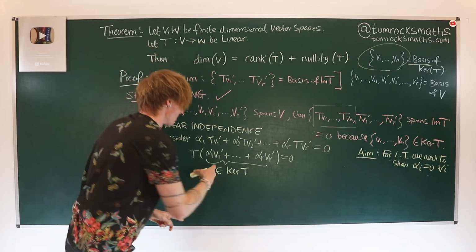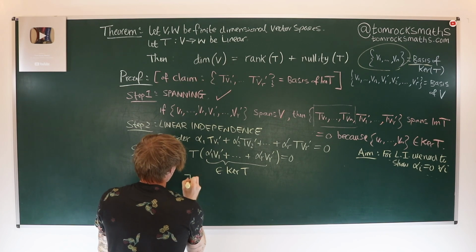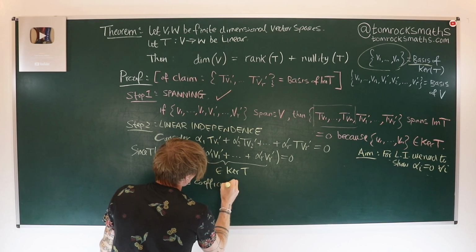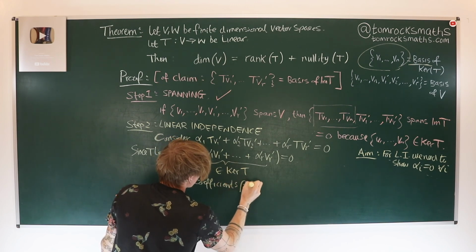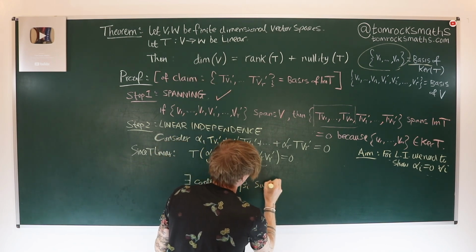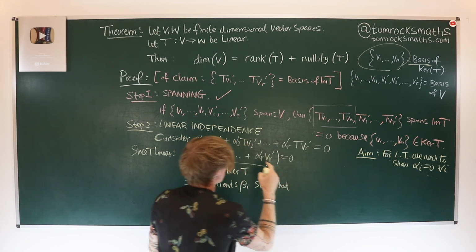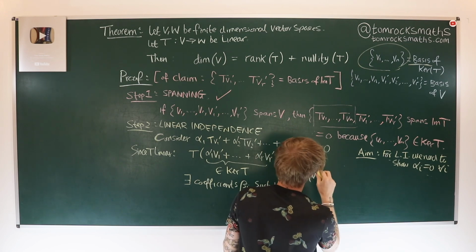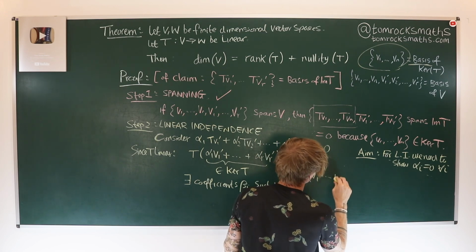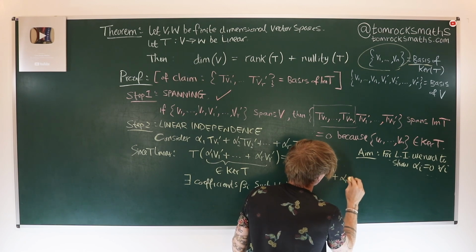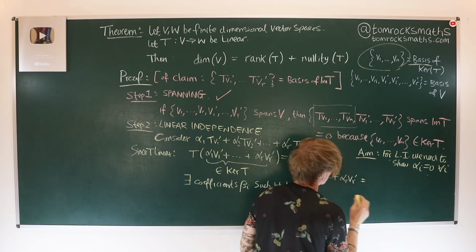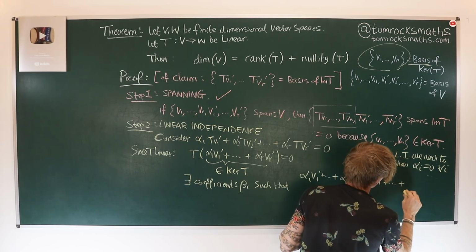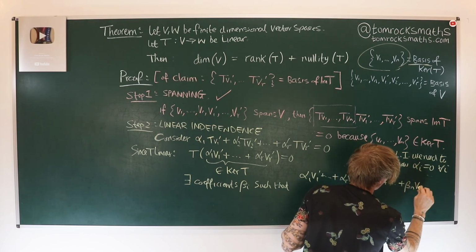So that means there exist coefficients, let's call them beta i, such that our thing, alpha 1 v1 prime plus dot dot dot plus alpha r vr prime, has to be equal to beta 1 times v1 plus dot dot dot plus beta n times vn.